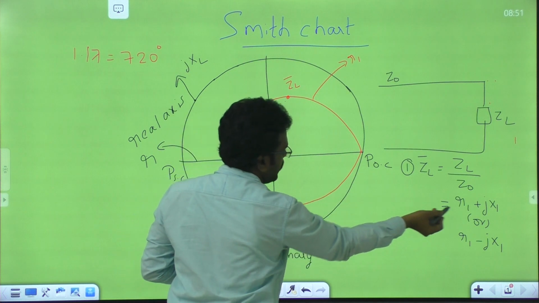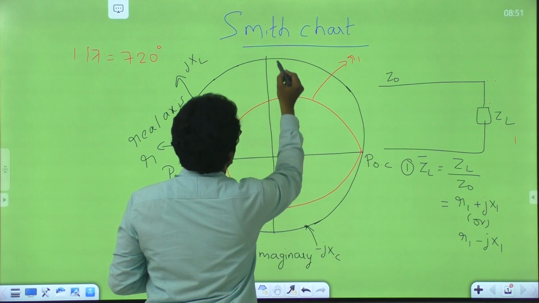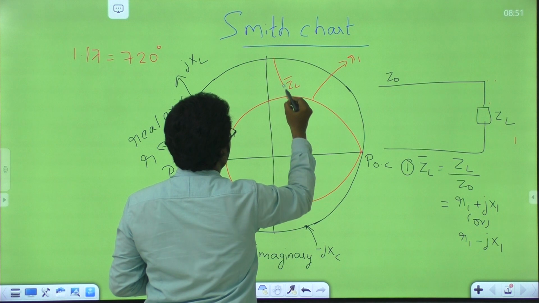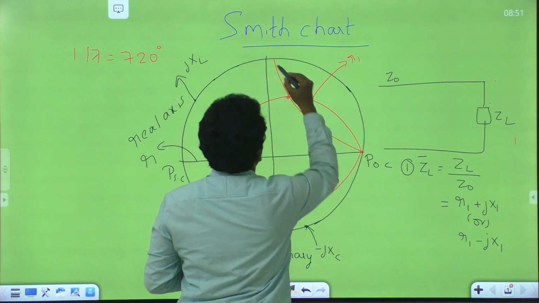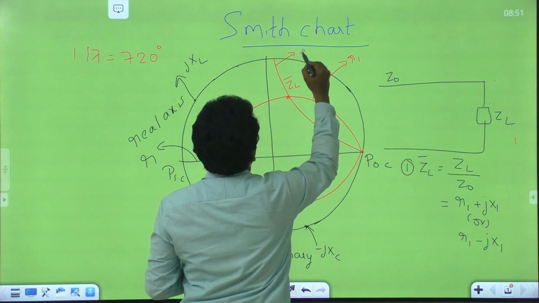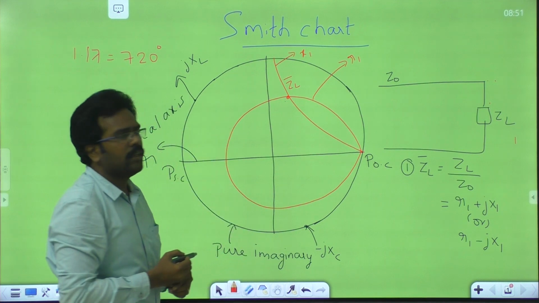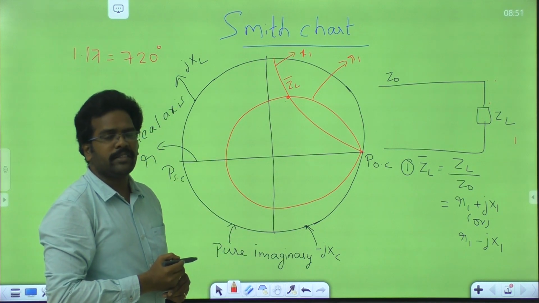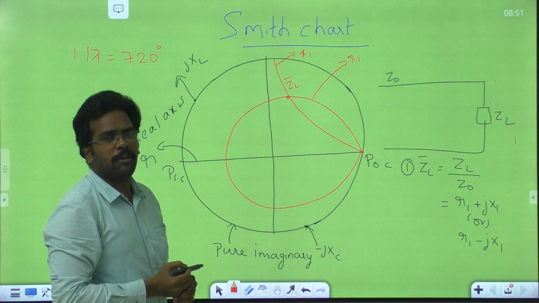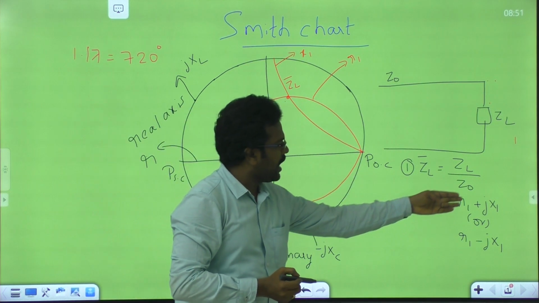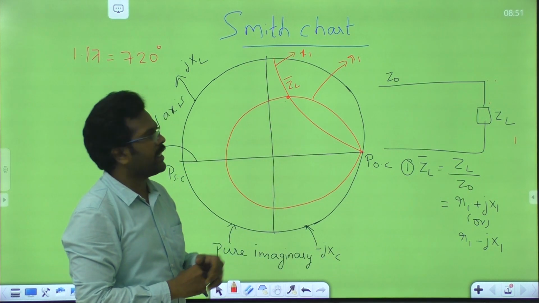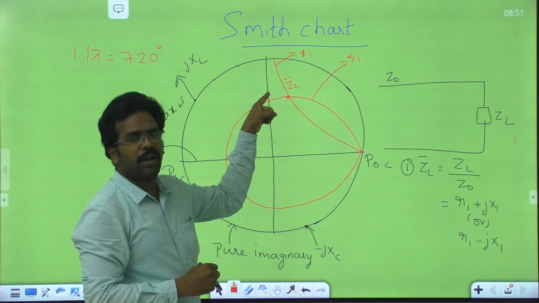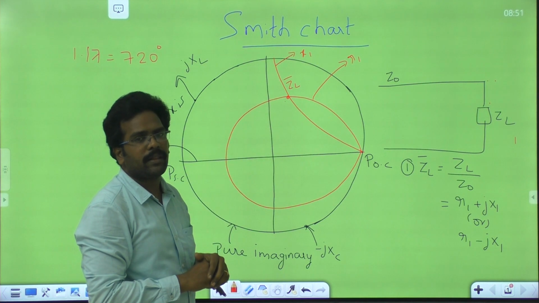Similarly, you have to take an X1 circle. This is the X1 circle. How to get the impedance? The intersection of the R1 circle and X1 circle is going to give the impedance ZL bar, the normalized impedance ZL bar.